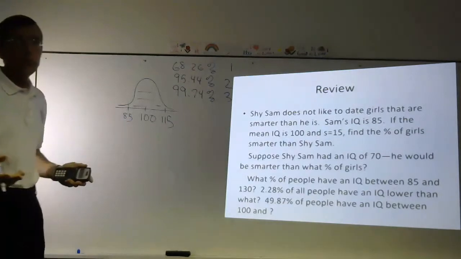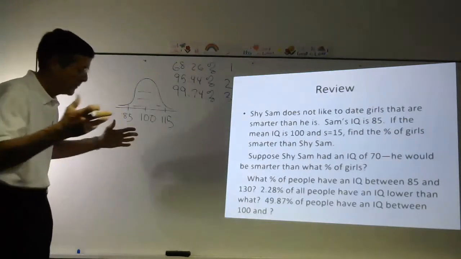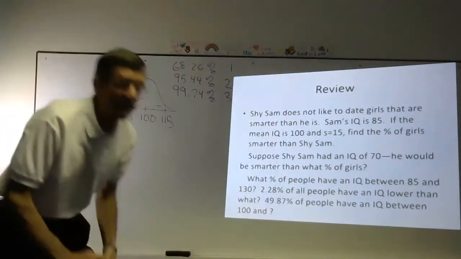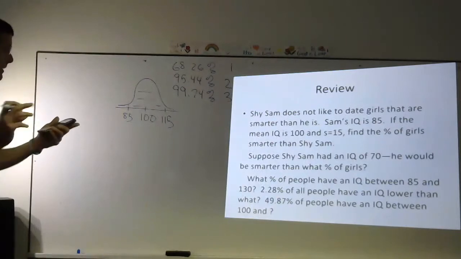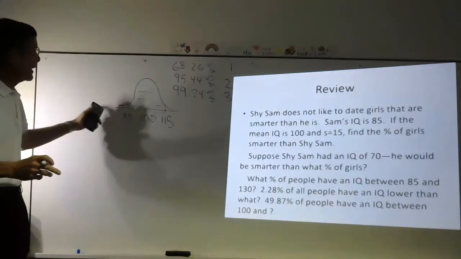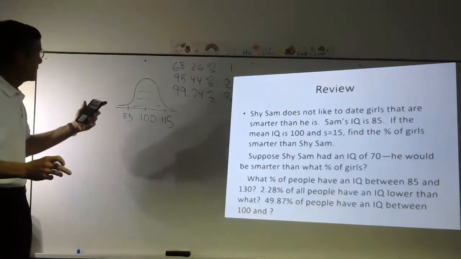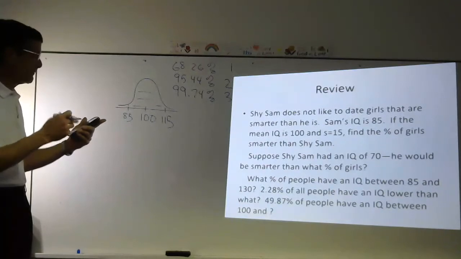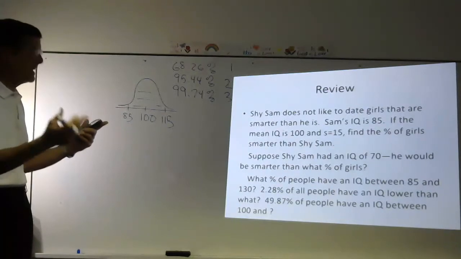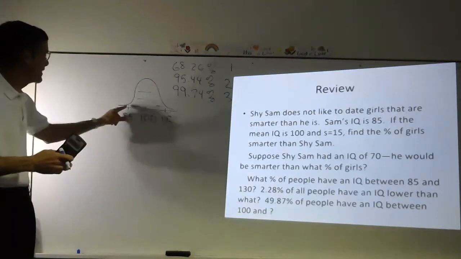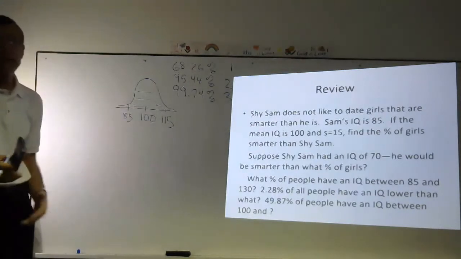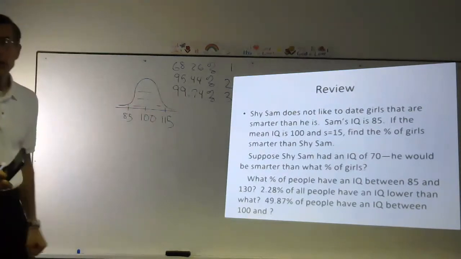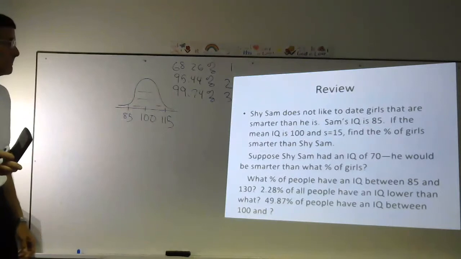And we get 84.13% of the girls are smarter than Shy Sam, okay? Or the other way you can do it, we know that down here, whatever was left, it was 15.87. Yeah, 15.87 is down here. You could have subtracted that off of 100% and got the total amount of girls smarter than Shy Sam, okay?